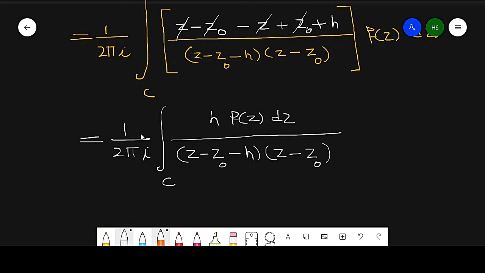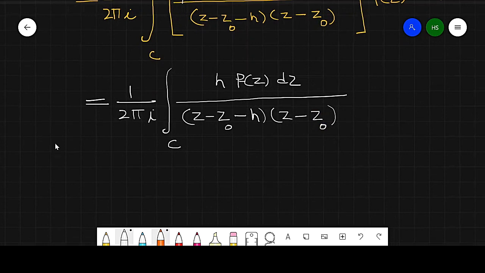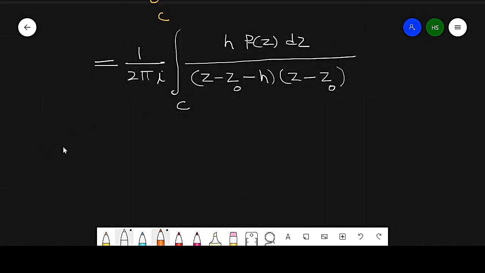Now when we divide by h on both sides, what we get is, first let me write it in a proper way, f of z naught plus h minus f of z naught over h.